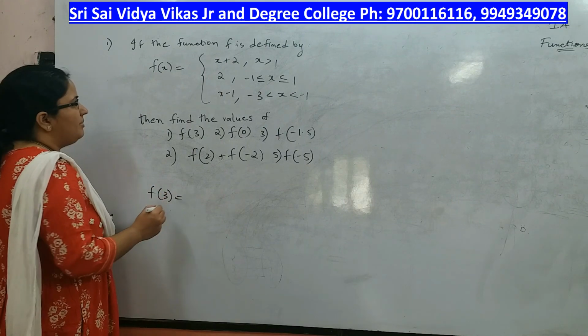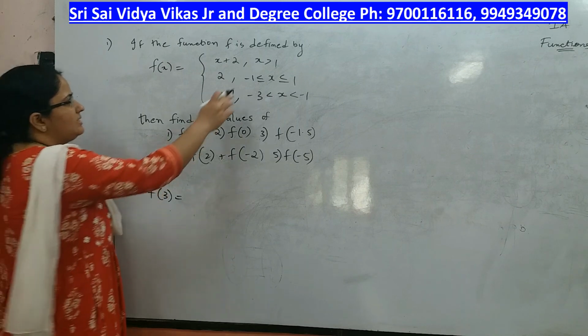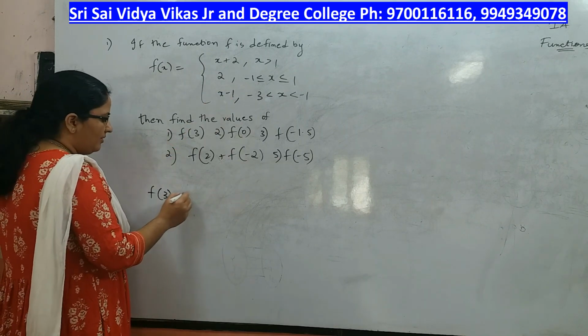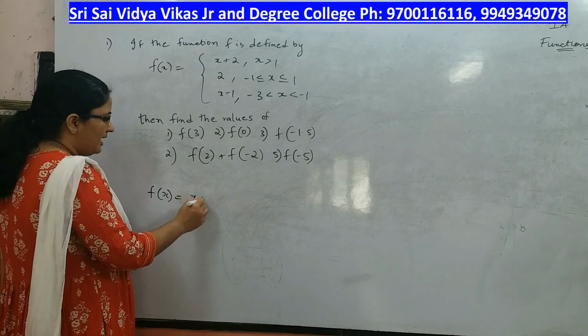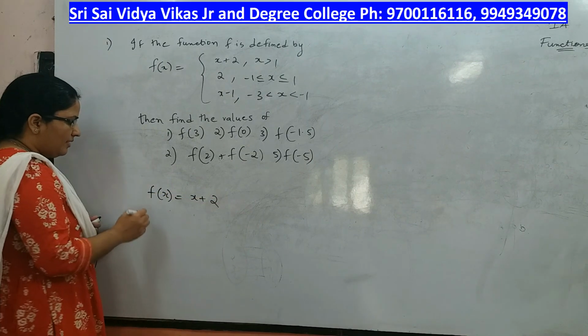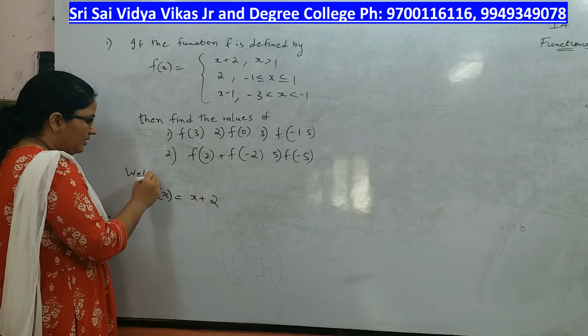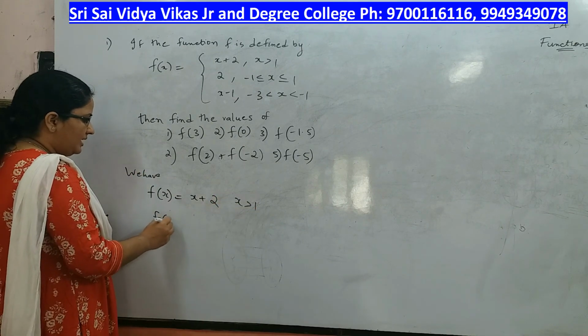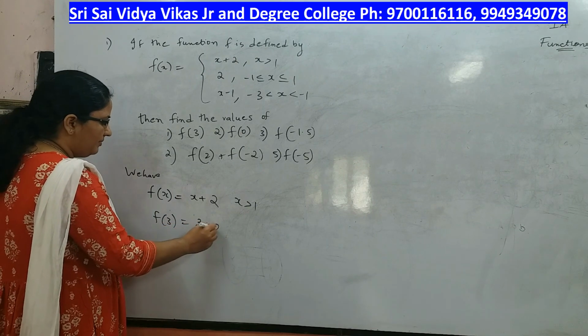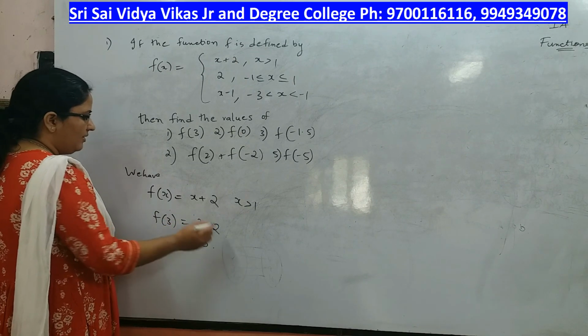F of 3 will be equal to, 3 is greater than 1, so we have f of x is equal to x plus 2 when x is greater than 1. F of 3 is equal to 3 plus 2, that is 5.